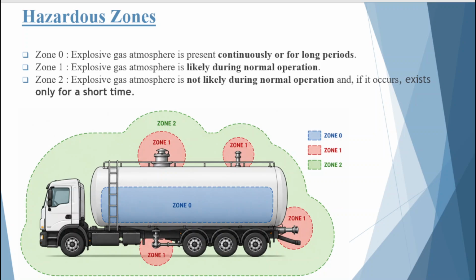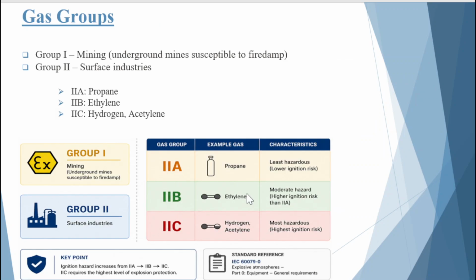Understanding these zones is essential because the type of electrical equipment that can be installed depends directly on the zone classification. The higher the hazard level, the more stringent the equipment protection requirements. In the next slide, we'll look at gas groups and understand why different flammable gases require different levels of explosion protection.